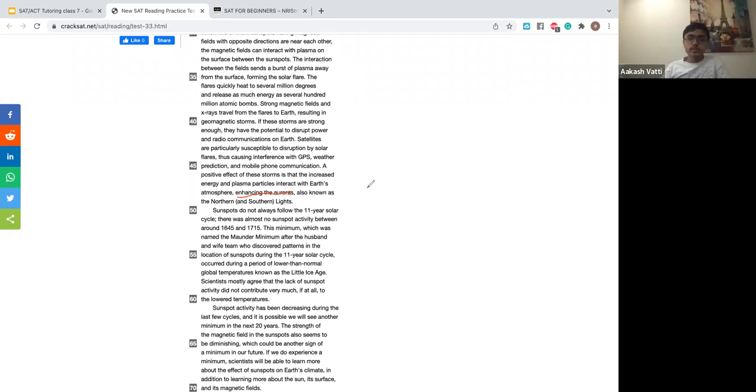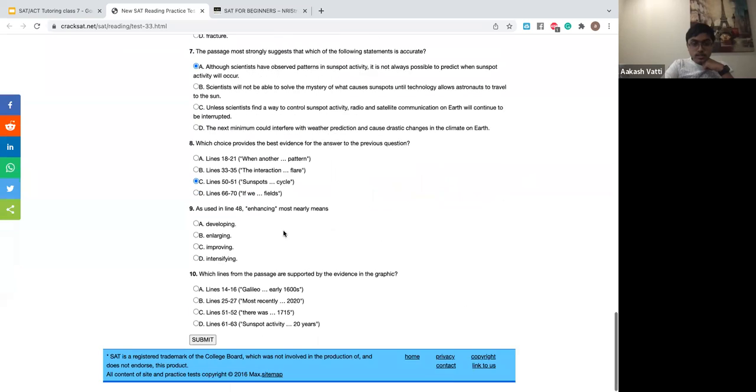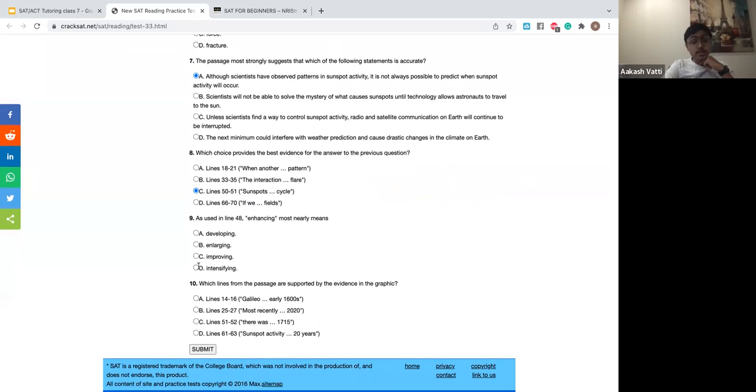So probably something like increasing or intensifying, or just making them brighter, making them stronger, something like that. And if any of our answers match with what I said, then that will be our answer. And apparently intensifying is one of the options, but I will go over the other ones.